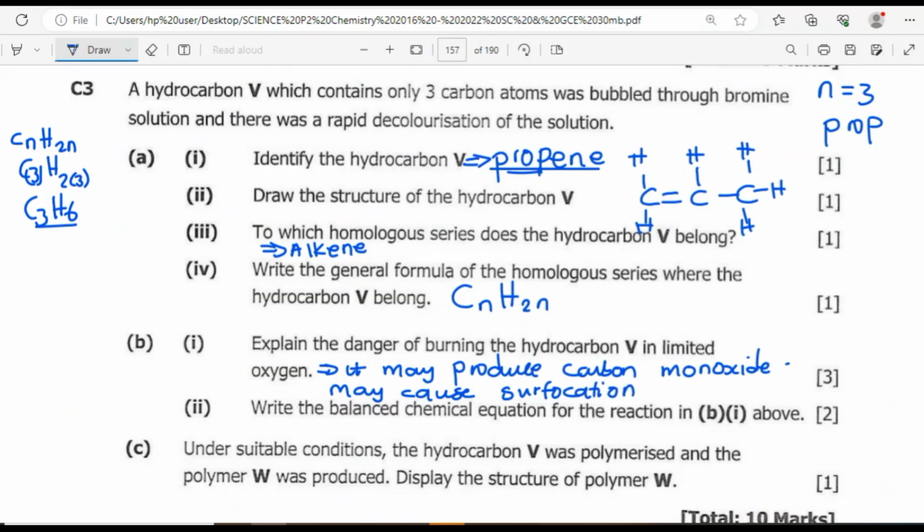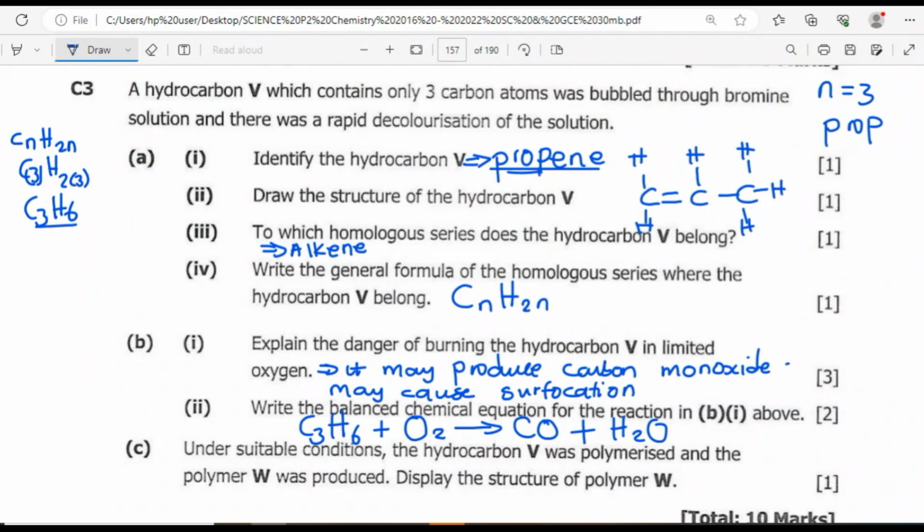Write the balanced chemical equation for the reaction in B1 above. So we know that we have C3H6 plus O2, then CO. Here we are getting carbon monoxide plus H2O. So remember, the only difference here is just that complete combustion will give you carbon dioxide plus water.